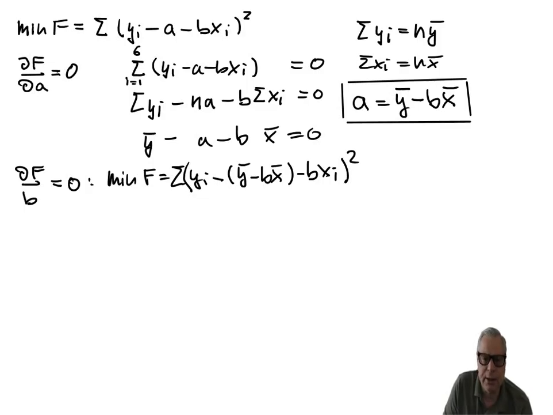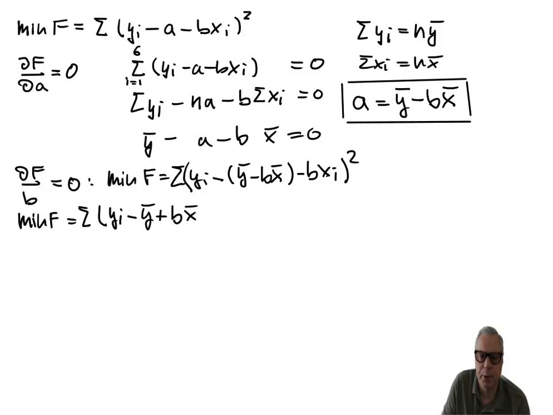So we can write min f equals the sum of yi minus y bar, okay, then we have plus minus times minus b x bar minus b xi, okay, squared.